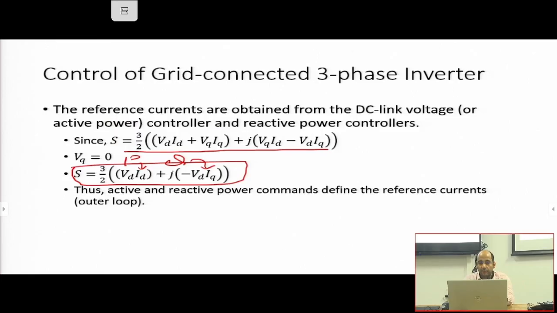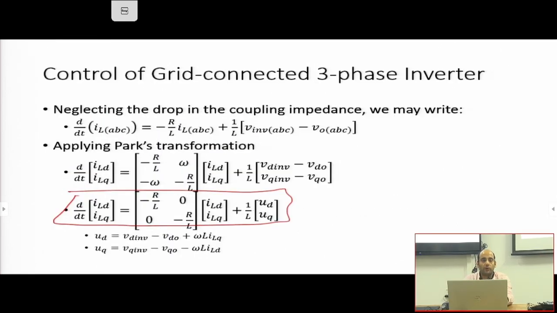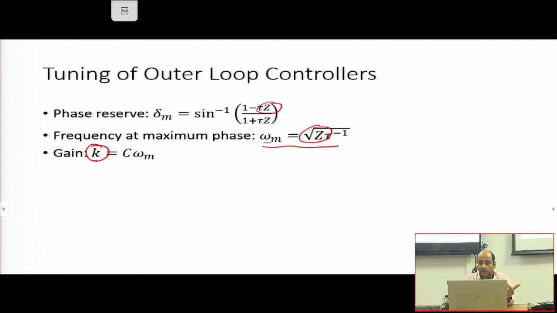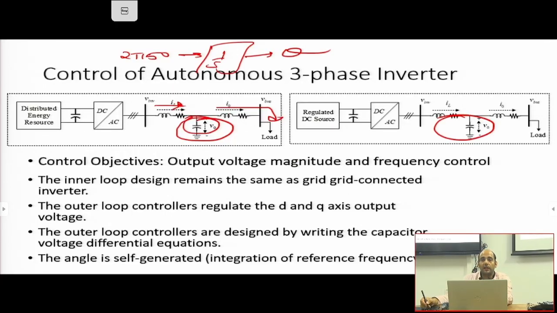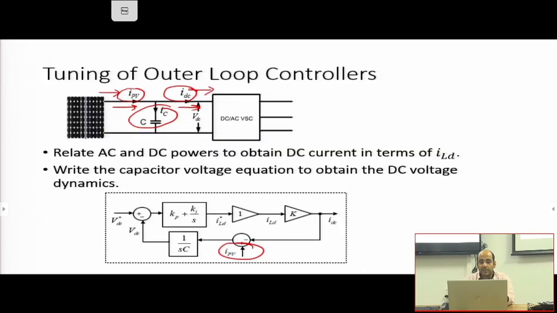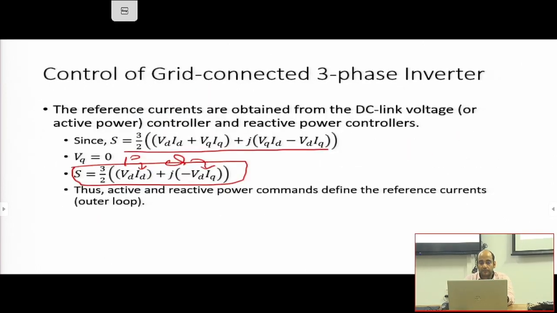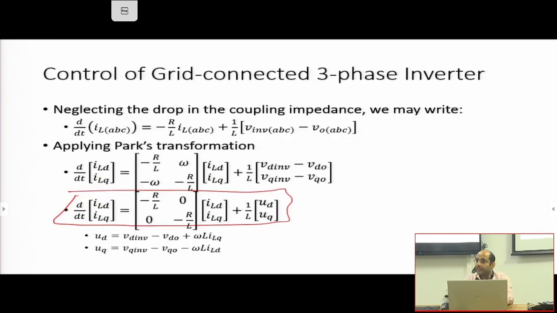But here we were writing 3 equations because of A, B, C. Now when we are talking about the output voltage control, it will have 3 voltages A, B, C. So again you will write 3 equations of these capacitor voltages. If you write the 3 equations of the capacitor voltage and you do the ABC to DQ Park's transformation, just like what happened here, you will get these cross coupling terms.